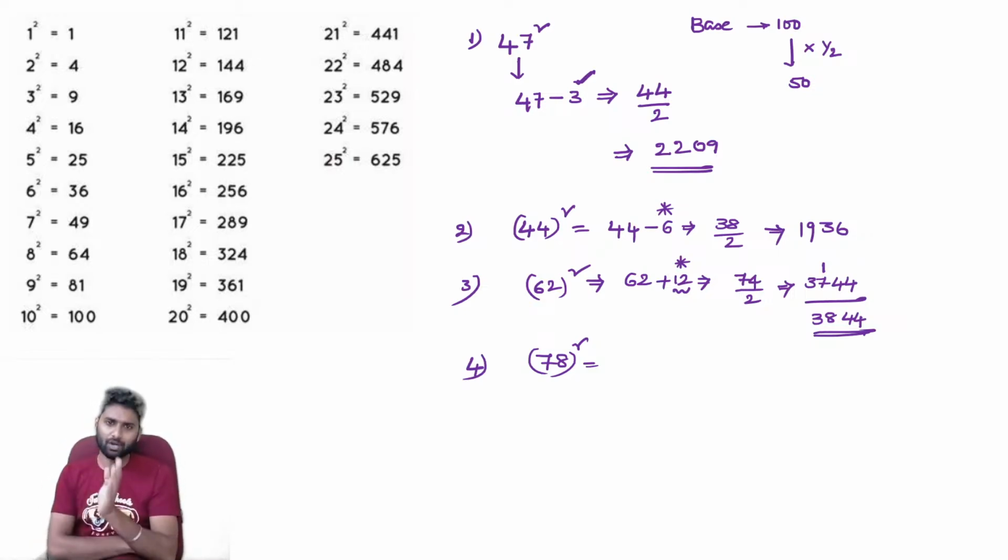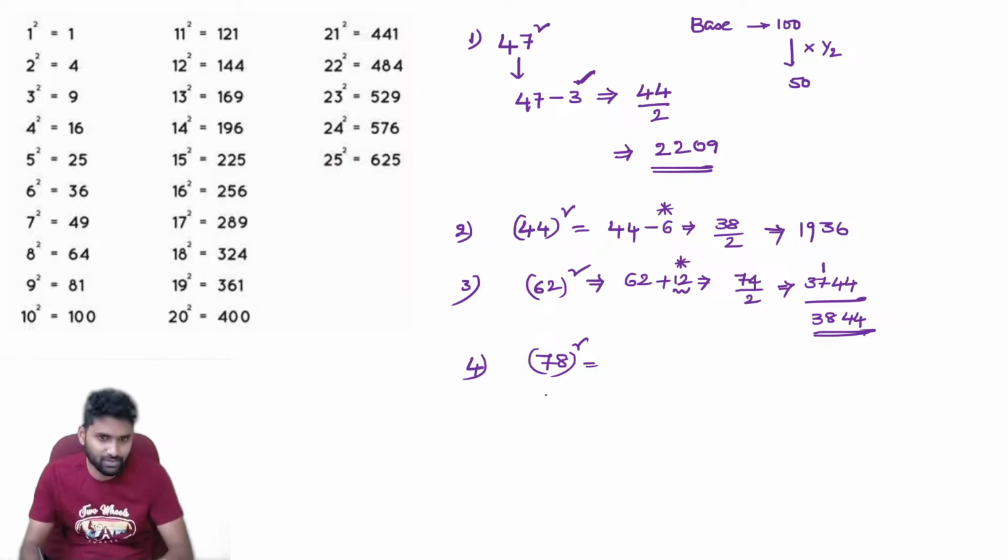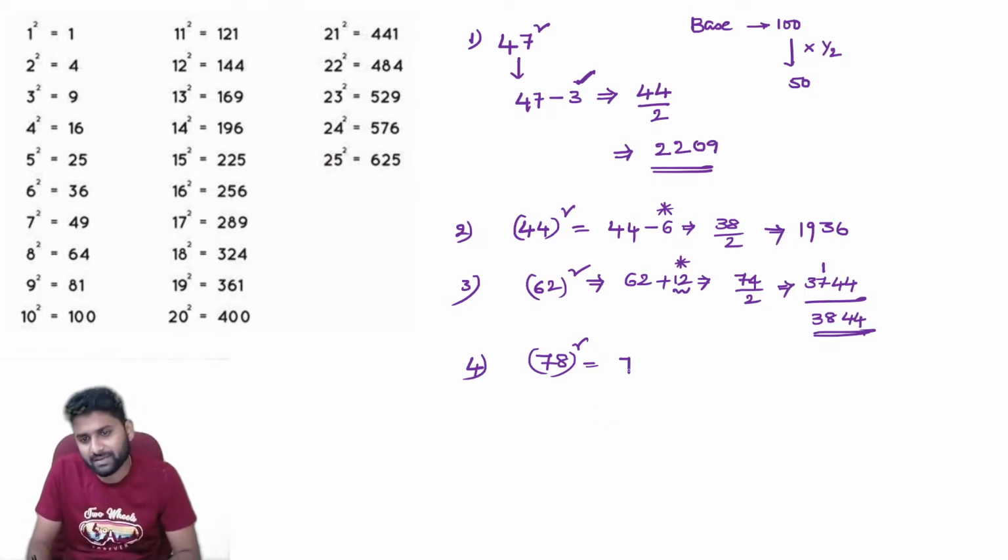According to that, you have to consider the bases. 78 is nearer to 100. Don't consider the base as 50. If you consider the base as 50, you must know the value of 28 square, because 78 is more than 50 by 28 units. We don't know the 28 square value. That's why now I am taking 100 as a base.